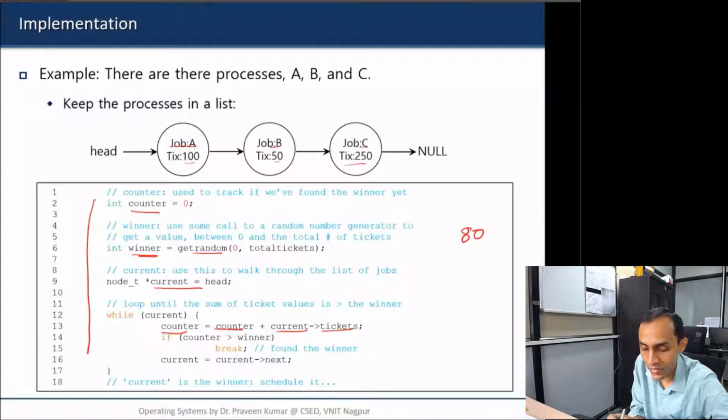If not, let us say the winning ticket was 120. Since 100 is not greater than 120, you move ahead in the list to the next job, get the counter value, and check in the same way. So you very easily find which job has the winning ticket, and you schedule that.